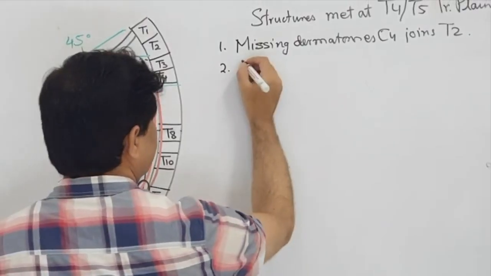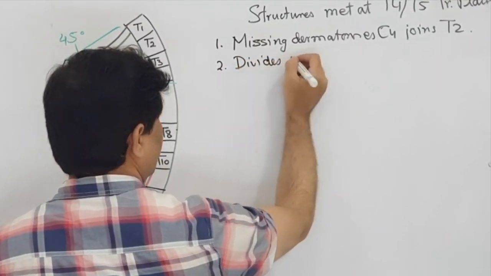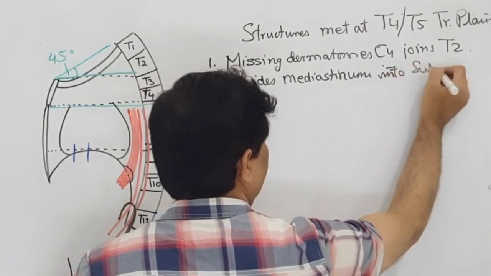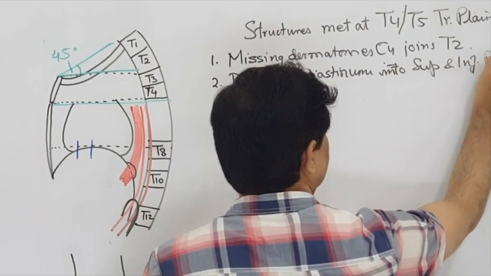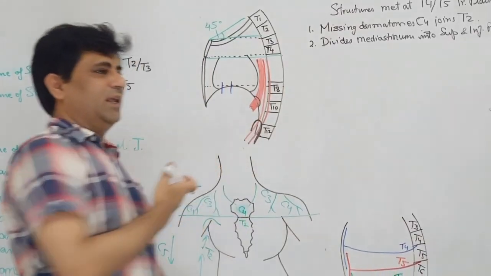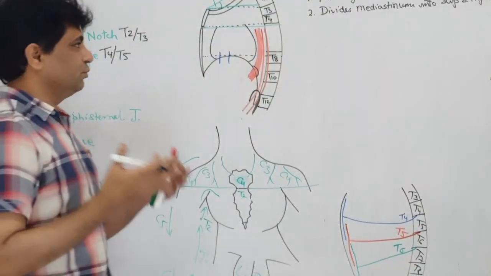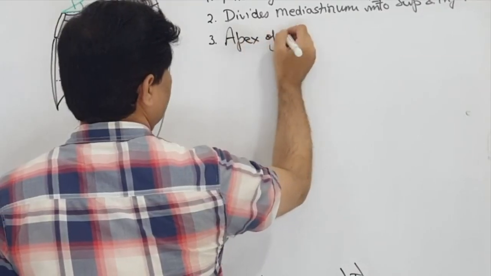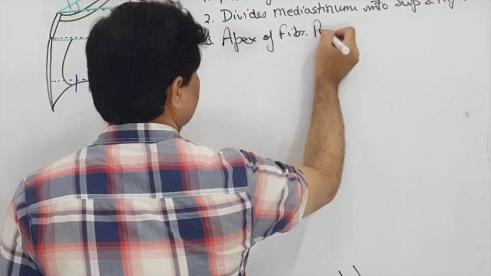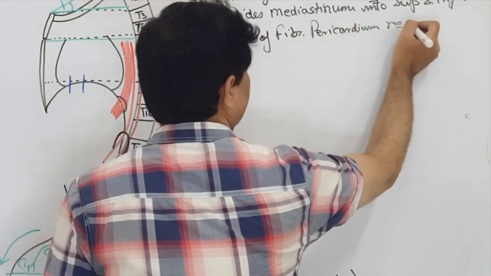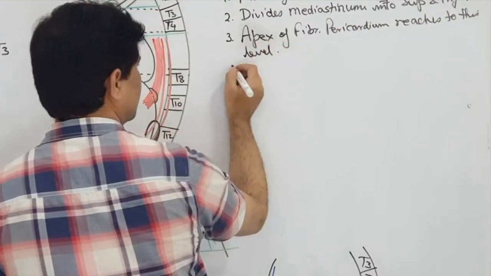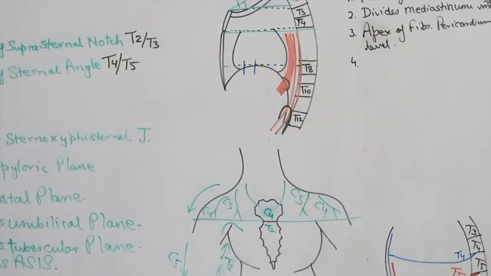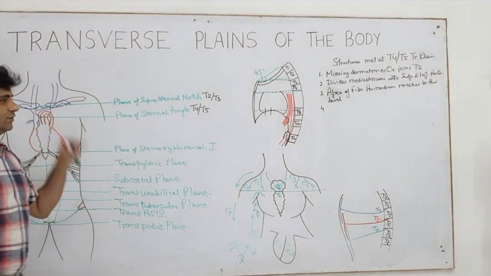Then it divides the mediastinum into superior and inferior parts. So this is an imaginary plane which divides the mediastinum into upper superior and inferior parts. Then the apex of the fibrous pericardium reaches to this level, right? Then in this diagram, as I told you, the ascending aorta terminates at this level.